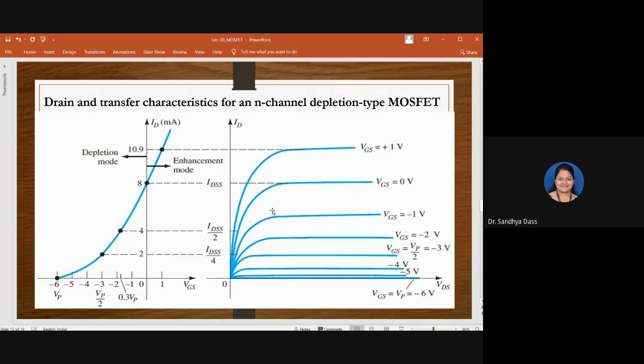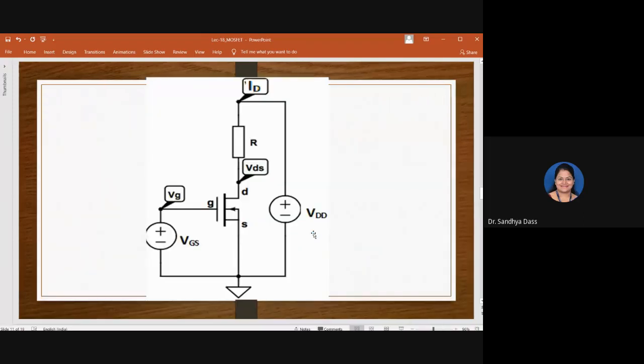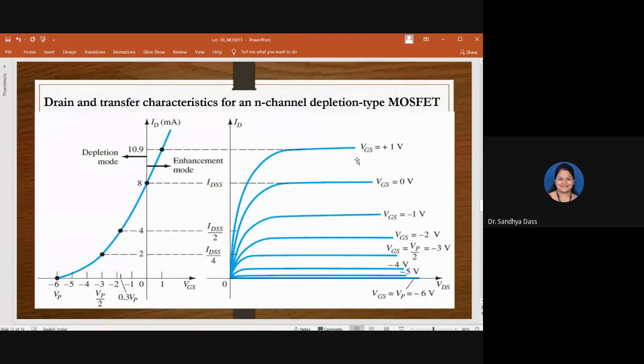Okay. So using the graphical method, one way of plotting the transfer characteristics is using your drain characteristics. Say you have conducted this experiment, you have all the readings and you have plotted the graph. As you vary VDS, you have got drain current for different levels of VGS.